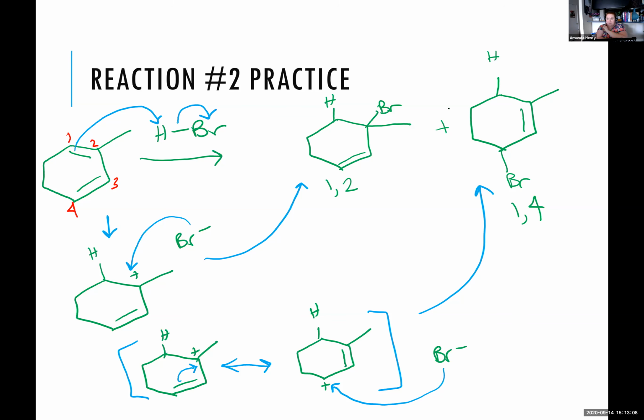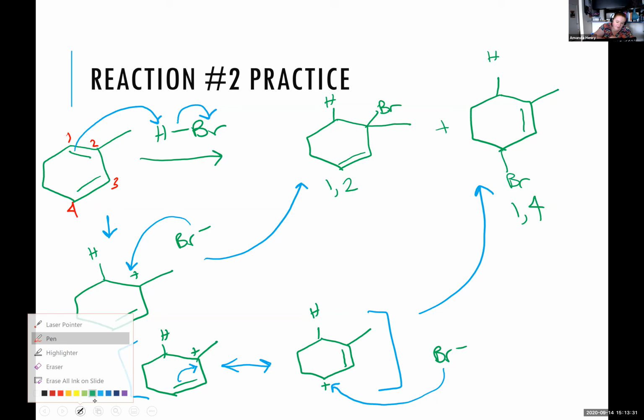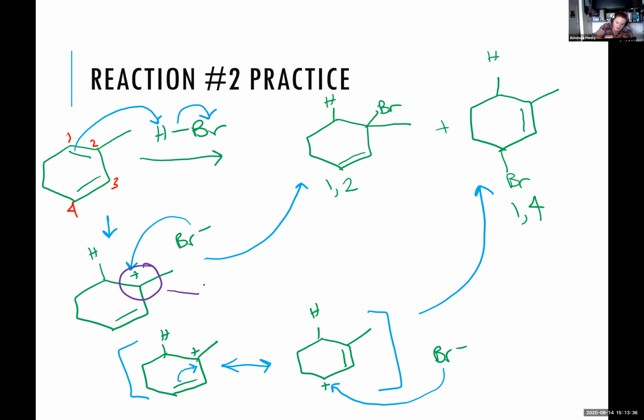Now, technically, there's more products to this. I started at carbons 1 and 2, but I could have numbered it the other way around. I could have started at the bottom and numbered it going up the ring. And because it's not completely symmetrical, there's not a methyl on carbon 3 as well, we would have gotten different products. The reason why I started there is because the very first carbocation that I made is a tertiary allylic carbocation.